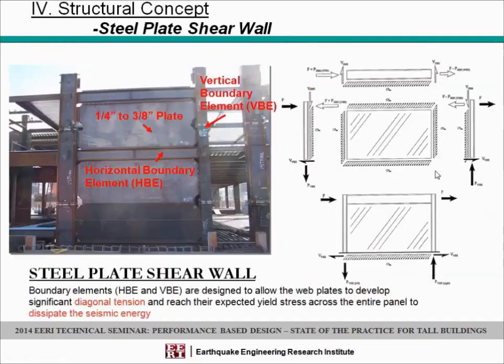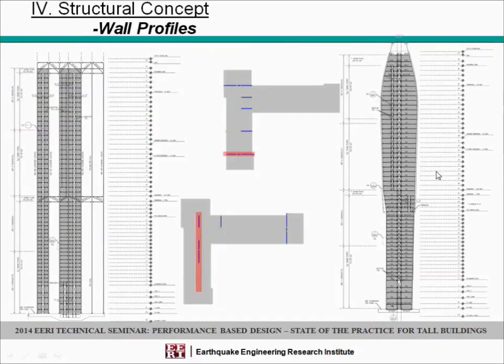Okay. What you see in the pink on the lower plan diagram is the location of this configuration of the wall profile. And notice the coupling with the floor beams, and the mid-height outrigger and the top outrigger.